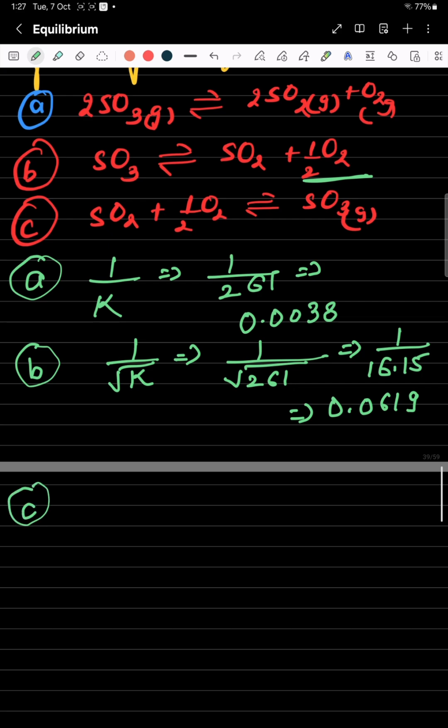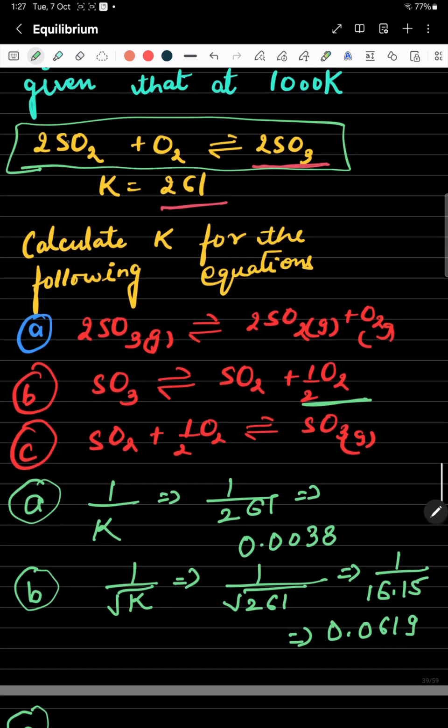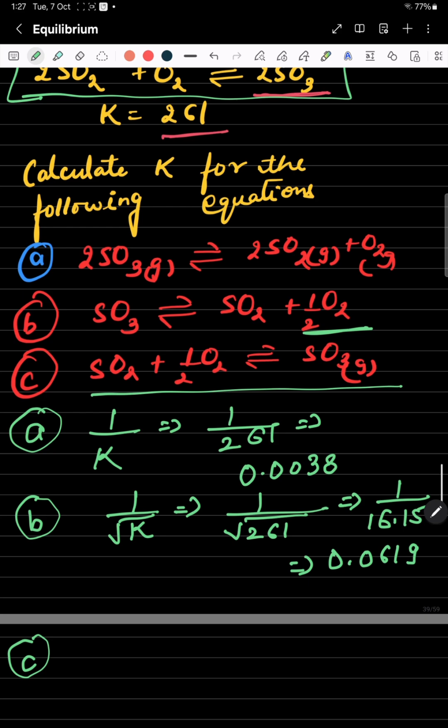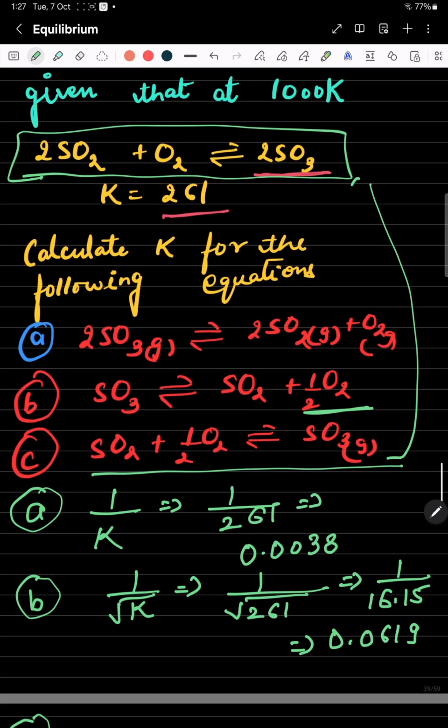C, SO2 plus half O2 forms SO3. So what is your main equation? This is your main equation. Let's understand. If you want to get this equation from the main equation, what do you need to do? Here, no need to reverse for this one. Simply divide by 2. If you divide this equation by 2, you will get this one.